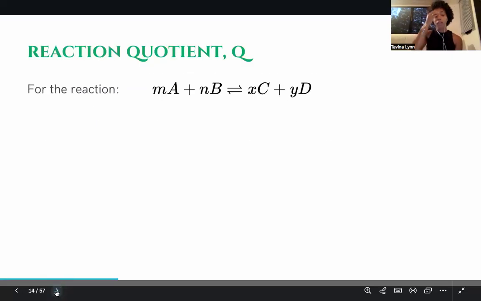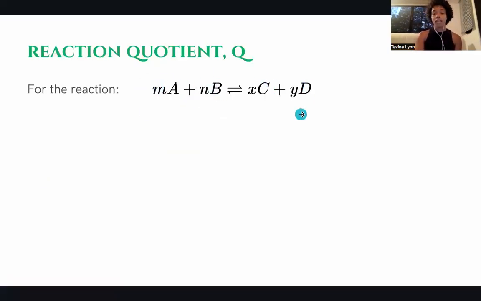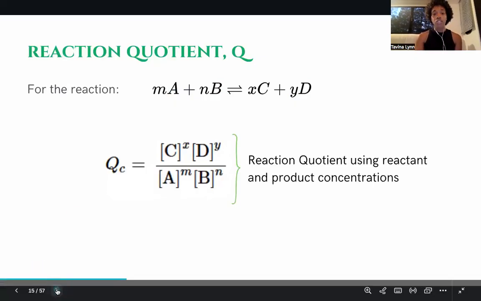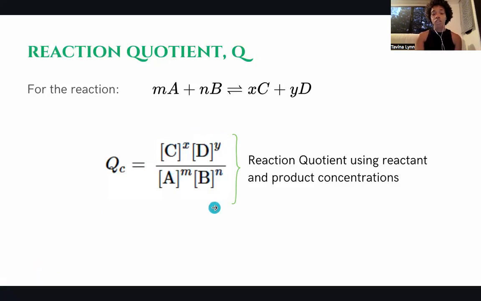So liquids and solids are not included in our equilibrium constant expression, Q. Okay, so let's look at the reaction where we have reactants A and B forming products C and D. m, n, x, and y are our stoichiometric coefficients for the reactants and products. So the reaction quotient would be the concentration of the products C and D raised to their coefficients over the concentration of each of our reactants raised to their coefficients.